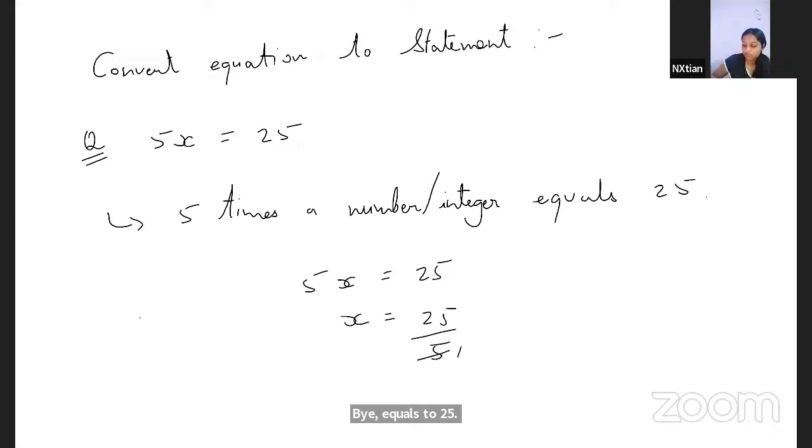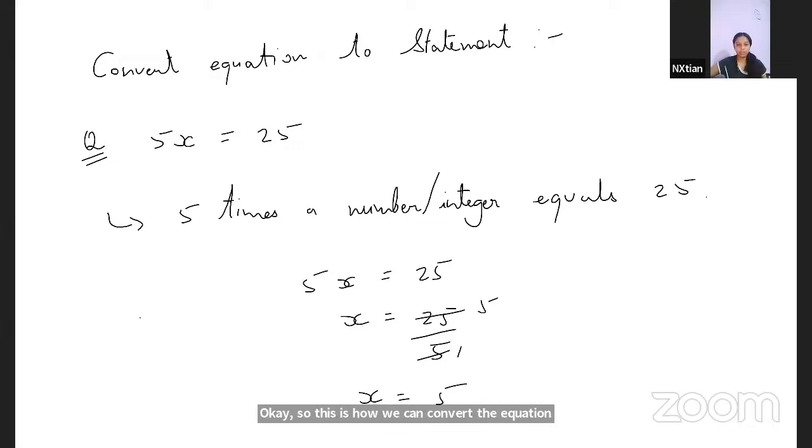Is the answer 5? Yes, Sarah, the correct answer is 5. So this is how we can convert the equation into a statement.